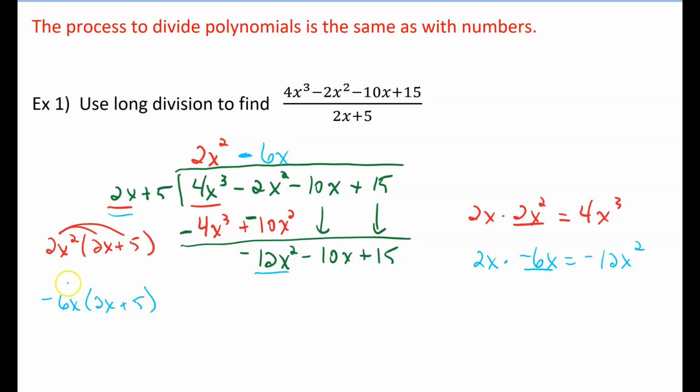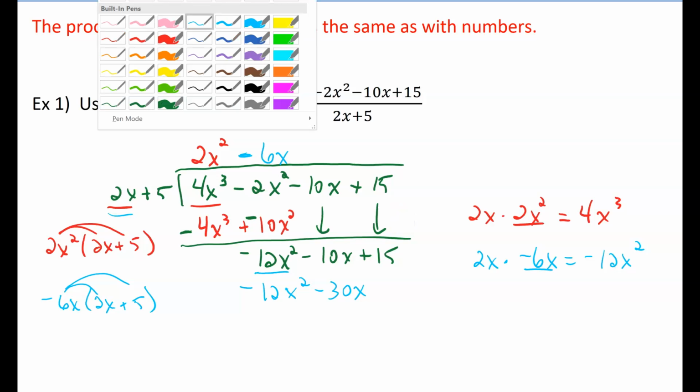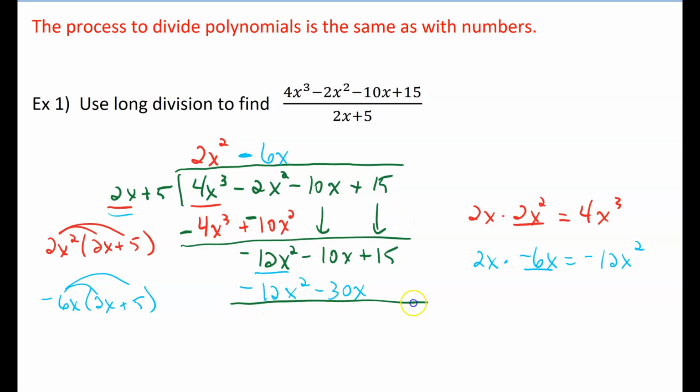All right. So that gives me the negative 12x squared that we were after. And then we get the negative 6x times 5, so minus 30x. And again, what is it we did with that new line?